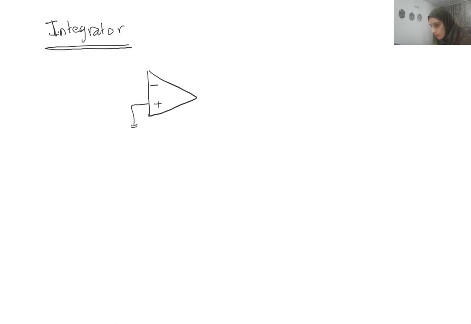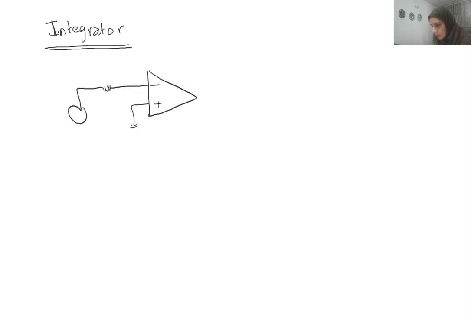Okay, so that is an important thing. Now, one more important circuit that we want to discuss is called the integrator. It's a very useful circuit that we also form using op amps. Basically, it has a similar idea. It's an inverting amplifier.